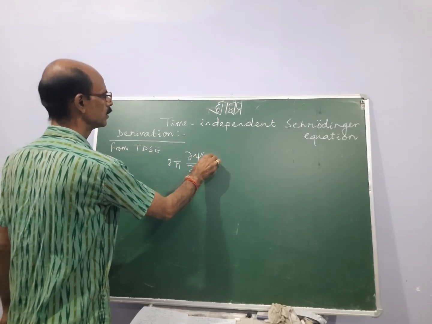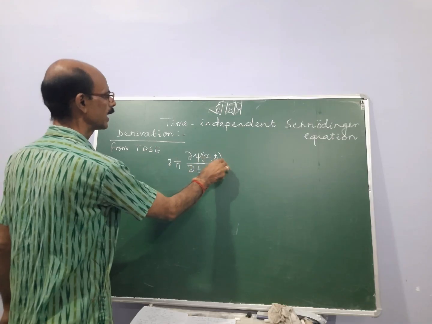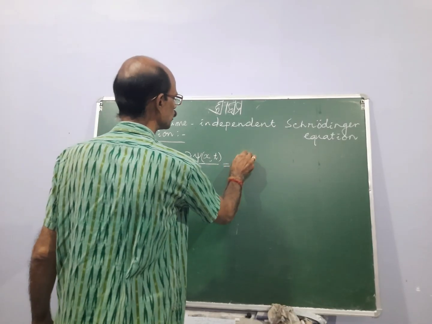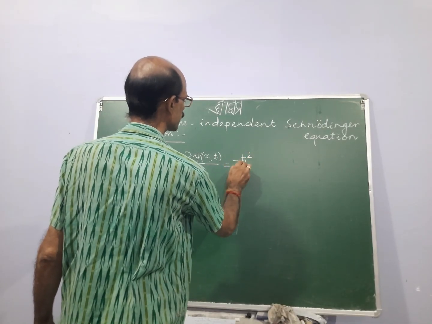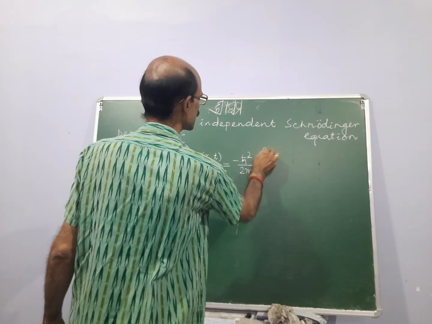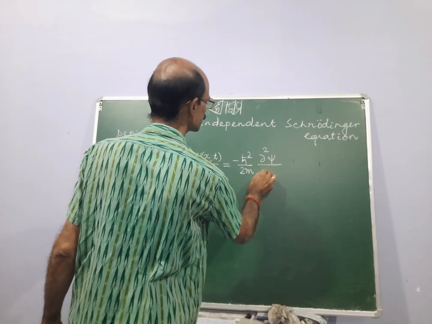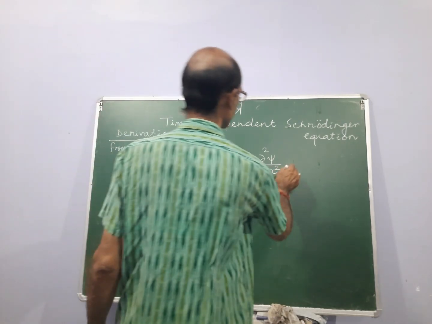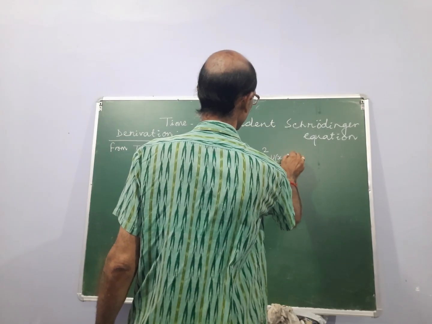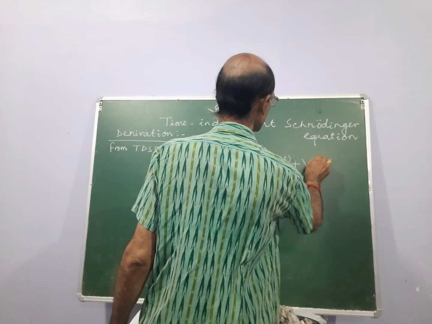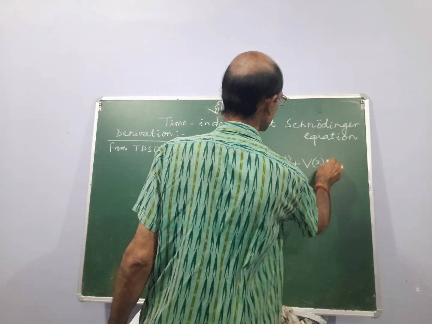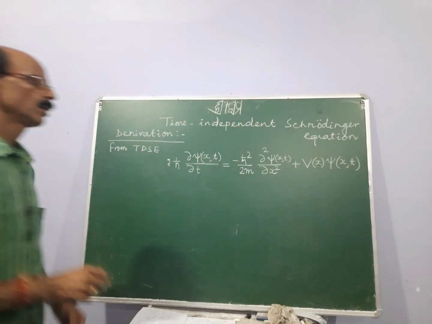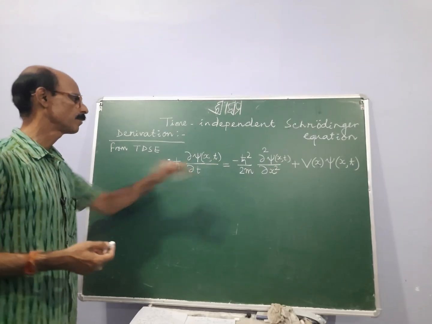Here the wave function is a function of x and t, position and time, and it is equal to minus h cut square by 2m second order derivative of wave function with respect to position plus potential energy, which is exclusively a function of x, times psi x t. This is the time dependent Schrodinger equation.